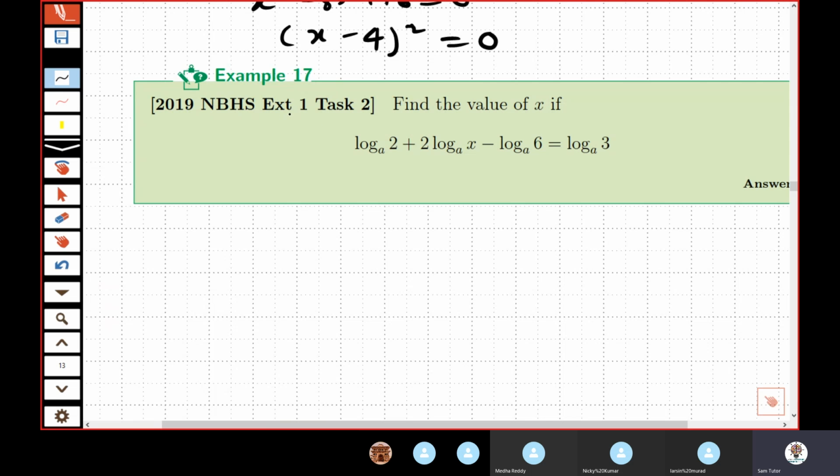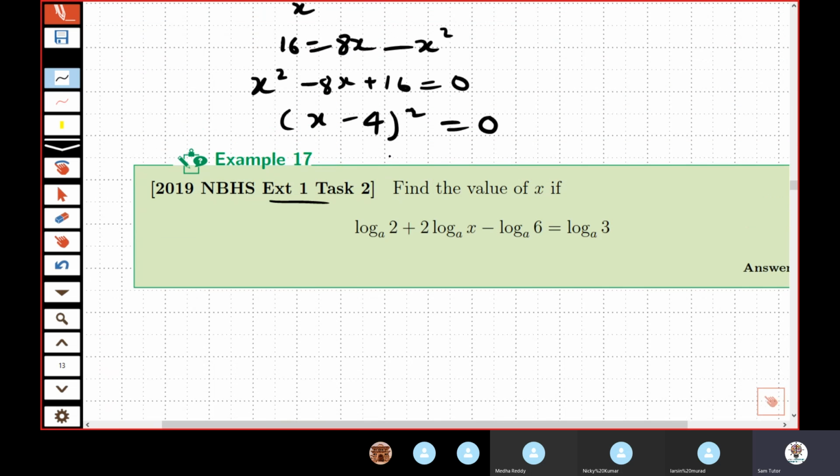Normanhurst Boys High School, Extension 1, Task 2. This was last year's question. You can see some of them we've taken out from Extension 1, because if you are only doing advanced questions, once this is asked in advanced, you're going to absolutely struggle because you haven't been used to it. Whereas the extension kids are going to be like, oh yeah, we've been doing this.